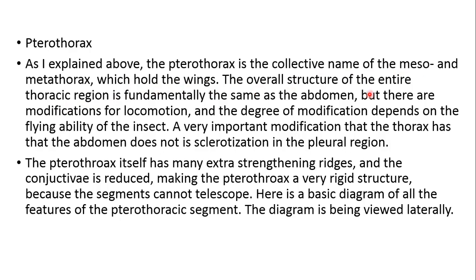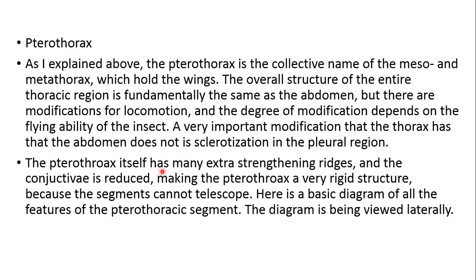Overall, the structure of the entire thoracic region is fundamentally the same as the abdomen, but there are modifications for locomotion. The degree of modification depends on the flying ability of the insect. A very important modification that the thorax has and the abdomen does not is sclerotization in the pleural region.